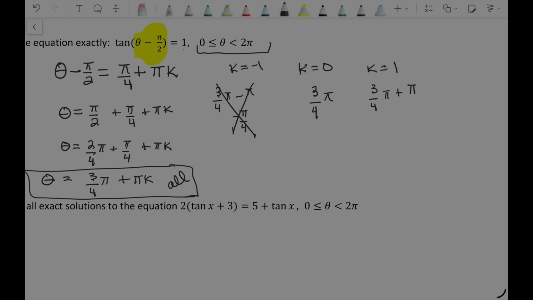I'm plugging in this k value into here to see what we get. We will get 7/4 pi. If k is a 2, we will get 3/4 pi plus 2 pi. Will this be bigger than 2 pi? Yes, it will. So the solutions are 3/4 pi and 7/4 pi.